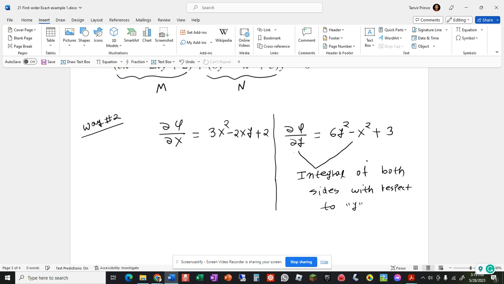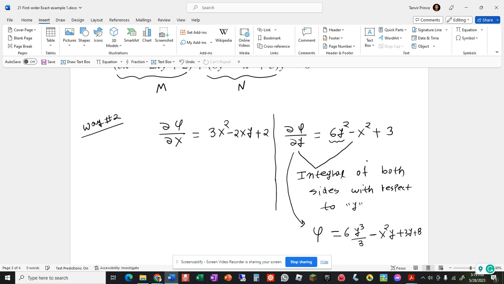On this side, of course, I'll get back my phi. And remember, y is the variable, you're taking the integral with respect to y. So the integral of 6y squared is 6y cubed over 3, minus the integral of x squared, which is a number, so x squared y, and the integral of 3 is 3y, plus any function of x.